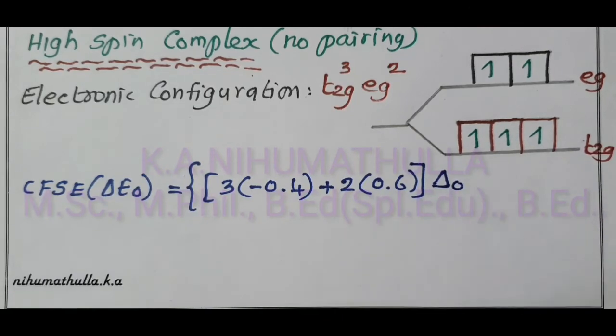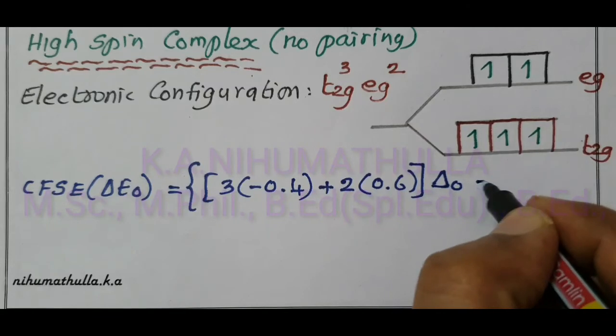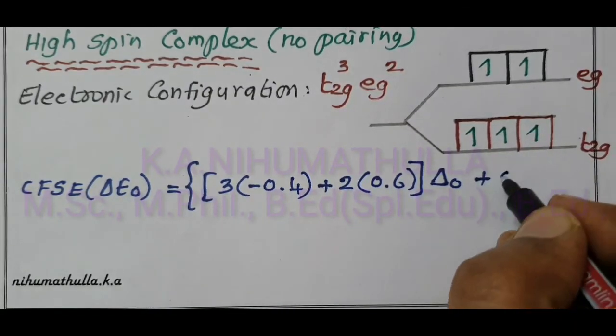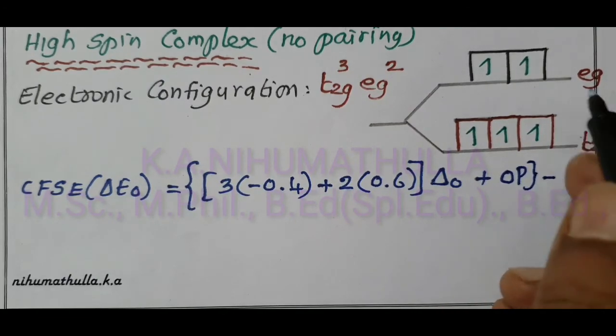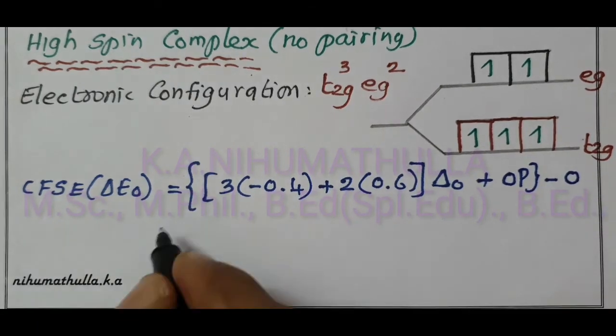the octahedral crystal field splitting energy, plus the number of paired electrons. There is no paired electron, so 0 into the pairing energy, minus E isotropic, which we have already calculated, equal to 0.